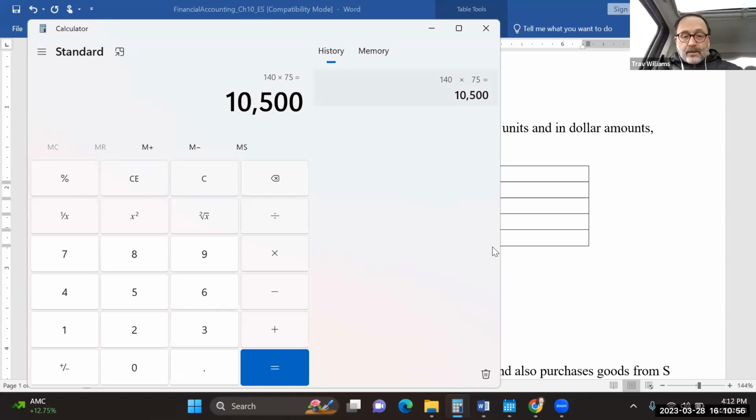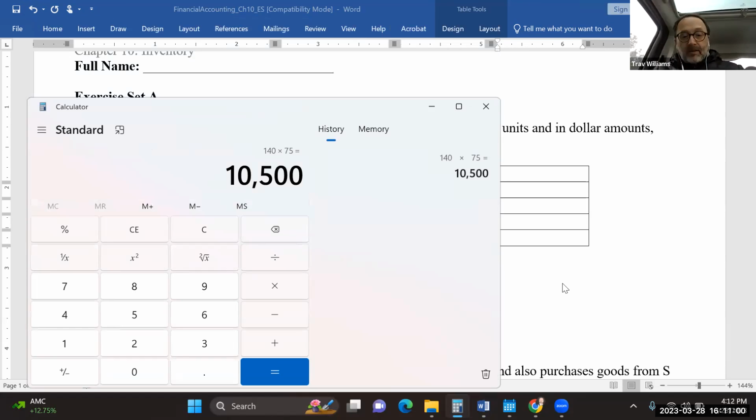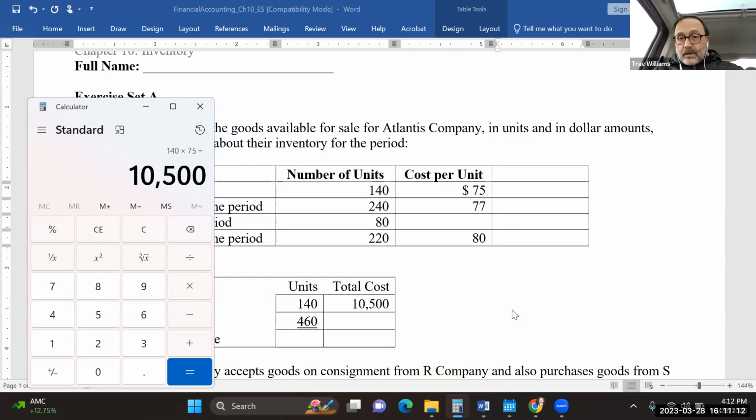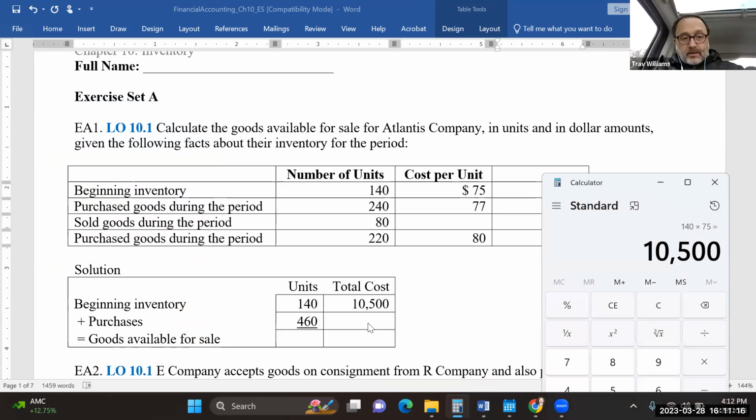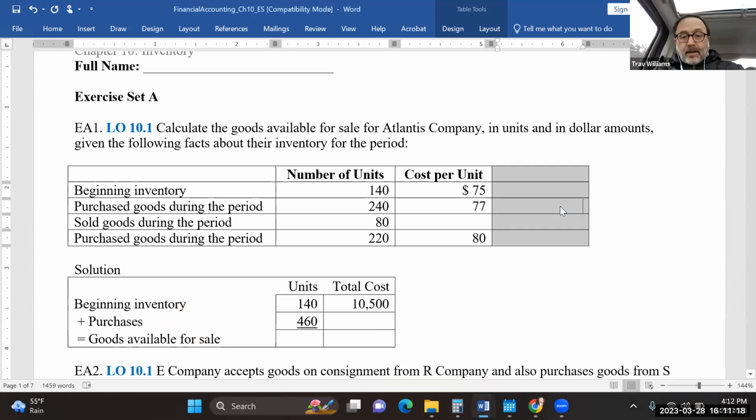So I'm going to put that right here for now, just to keep track of it. And then we had another 220 units at $80 each. 220 times 80, that's 17,600. I'll put that right here. And then I'm going to add those two numbers together.